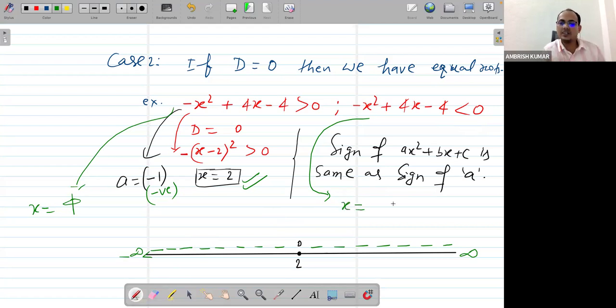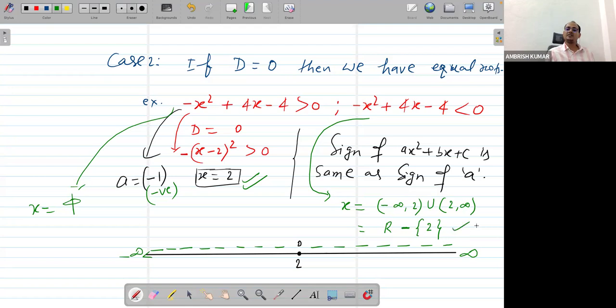So look, there are two different ways to write the solution. Either you write negative infinity up to 2, taking 2 as open, and then you take 2 to infinity. In both the intervals, 2 you have taken as open, which means that 2 is excluded. Or the same thing we can write like, you take everything from negative infinity to positive infinity, that is the set of real numbers, and from that set you just delete or subtract one particular value, that is 2.